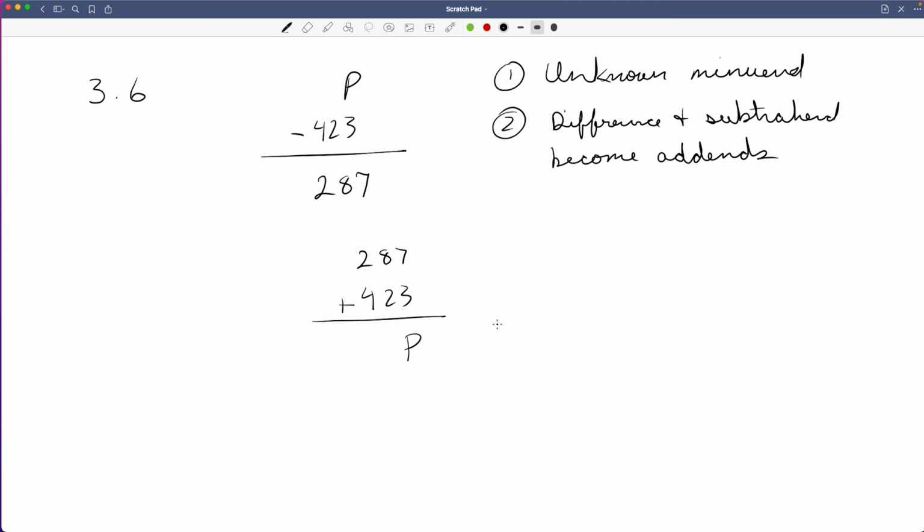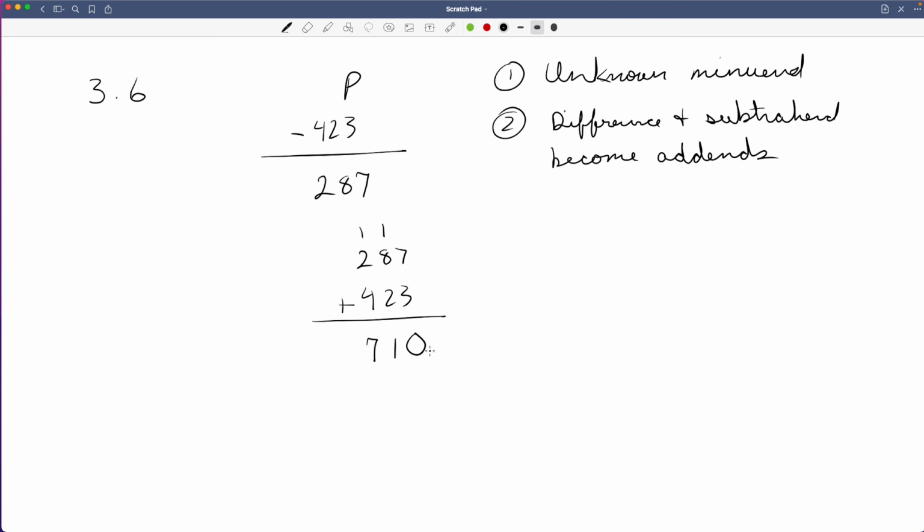And then that helps us to find the unknown minuend. And that's going to equal the minuend. Whatever that answer is, then that's what we could put in for P. So let's solve that right now. So 7 plus 3, that's 10, carry 1. That's 11, carry 1, that's 7.